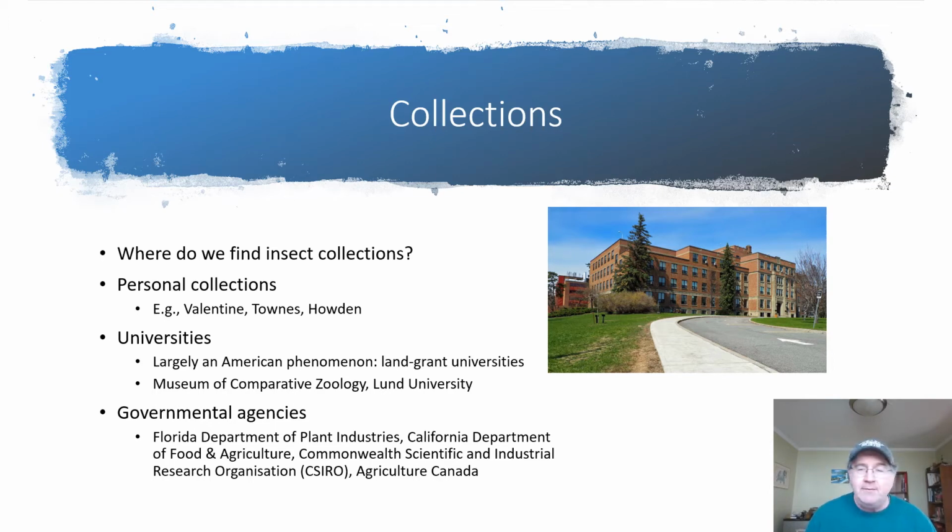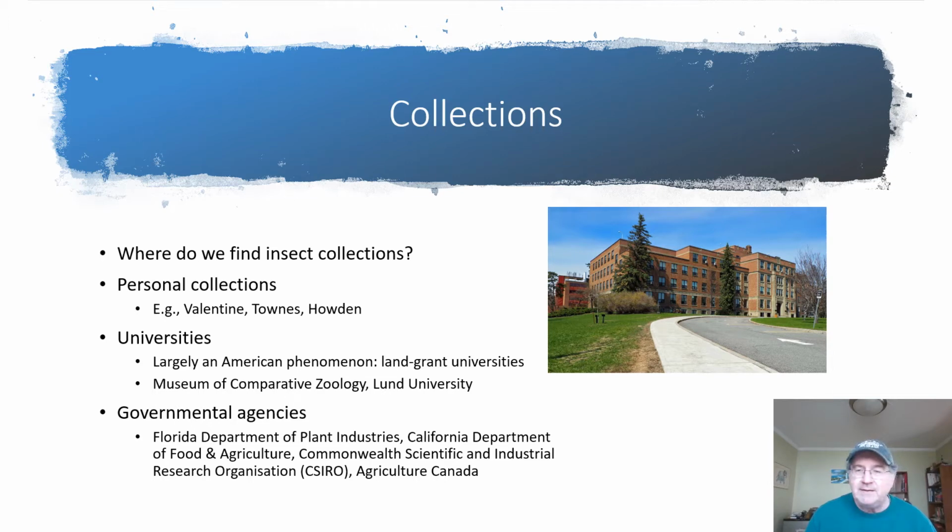And then Henry and Ann Howden were specialists on the beetle family Scarabaeidae, and they also built up this just monstrous private collection of scarabs from around the world. The two of them traveled around the world. They lived in Ottawa, and their collection was so big, and of course they kept it at home, and so their house was literally filled with insect cabinets all around it.